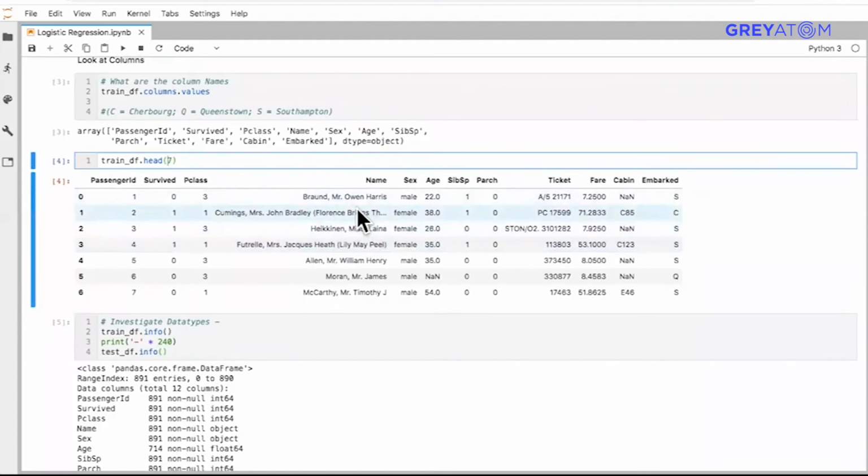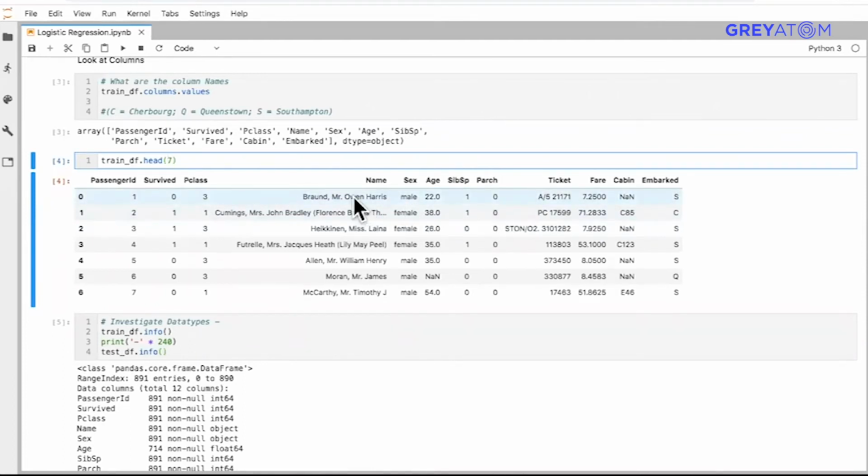The name of the person, whether he or she was male or female, what age the person was. SibSp is a column which says whether this person had any siblings on board or not. So 1 means they had one sibling on board, and this column talks about if they had parents on board.